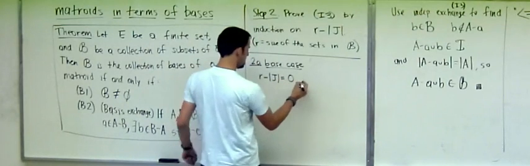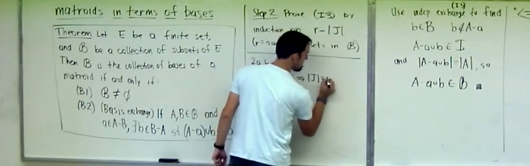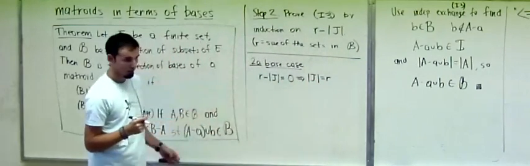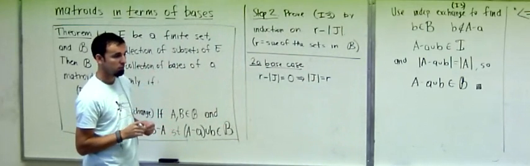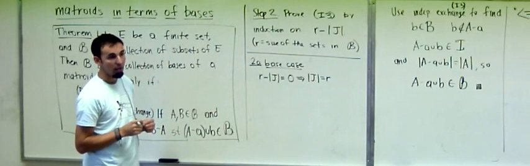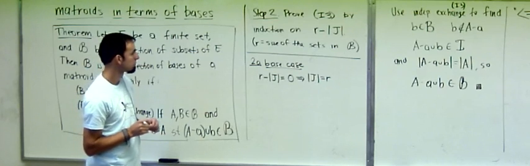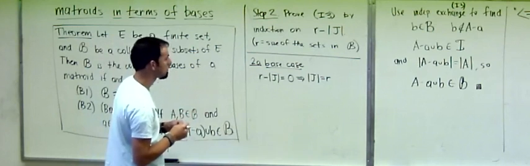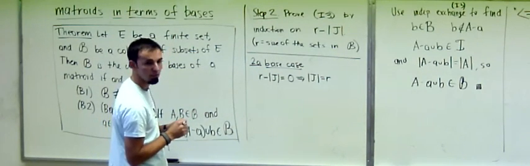So that means J has size R, the maximal size among the things in B, and among the things in I. It's already in I, and it's maximal, so that means it's in B.